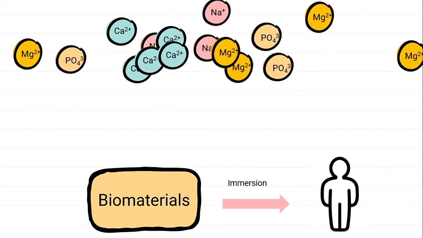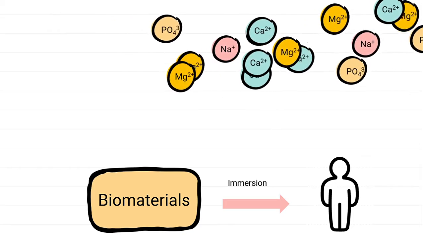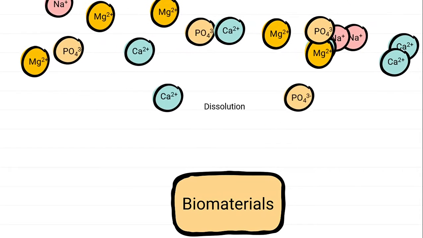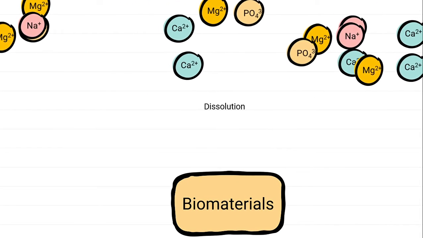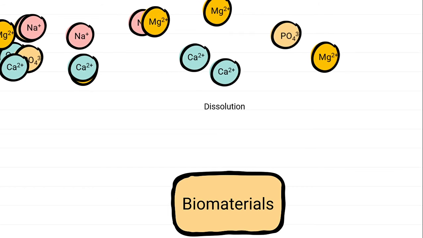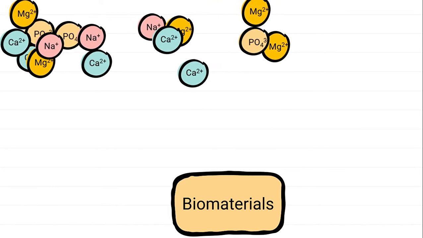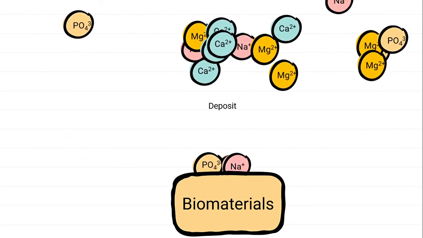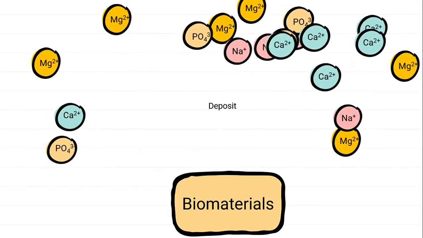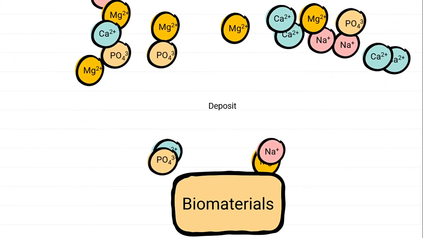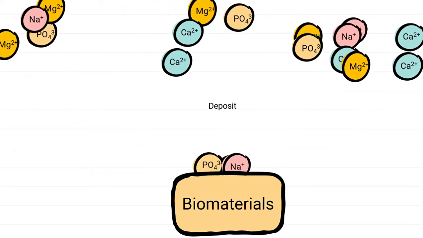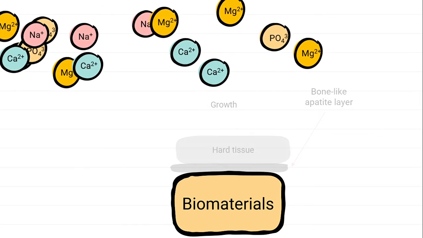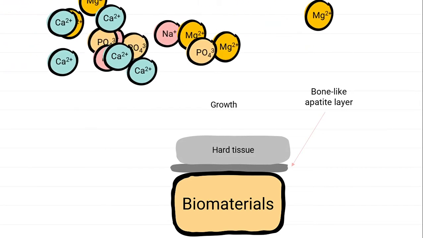Firstly, after implanting a material into the human body, the dissolution of the surface will release the two ions, calcium and phosphate, and these will combine with sodium and magnesium to form the precipitation known as the biological apatite layer, and this apatite layer has a similar composition to the hard tissue.